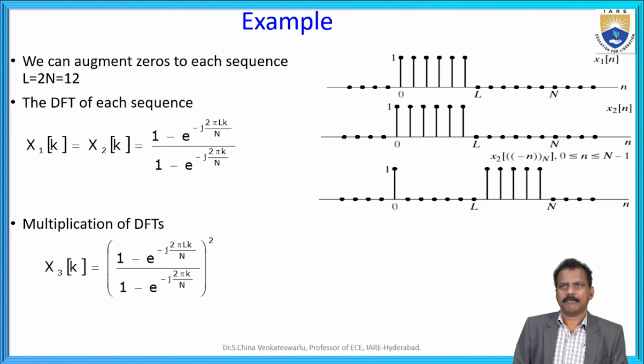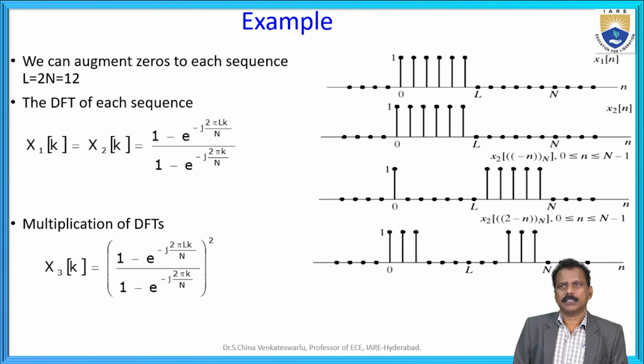Next one is x2 of n, 0 less than or equal to n less than or equal to N minus 1. Here also, n versus x2 of this particular value. After that, n versus this value, where 0 less than or equal to n less than or equal to N minus 1. Practically it is available.